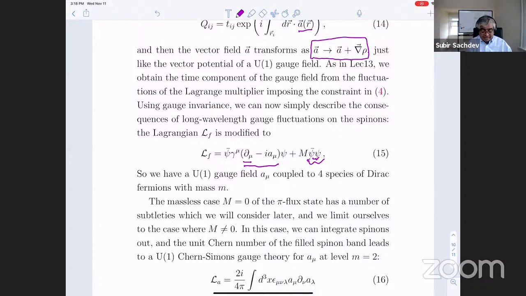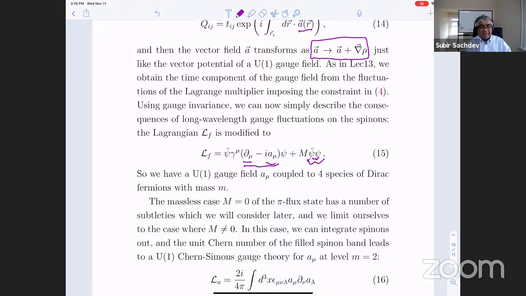We know exactly what happens when you couple a gauge field to a band with a Chern number. That's exactly what we worked out for the integer quantum Hall effect. And then later on, when we talked about Chern numbers, when you couple the external electromagnetic field to the electrons in a band with a Chern number, what we got was the Chern-Simons term, whose coefficient was the Chern number of the band.